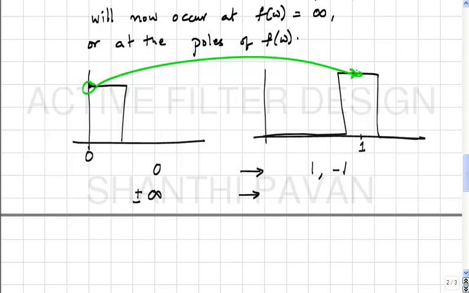Is that clear? Okay. And whatever happens at plus minus infinity, all the action that's happening at plus minus infinity in the original network must happen at 0. Very good.